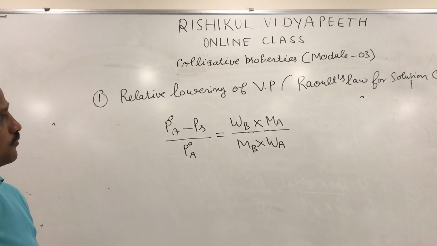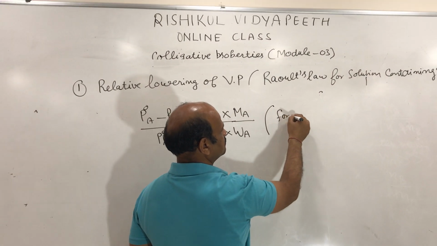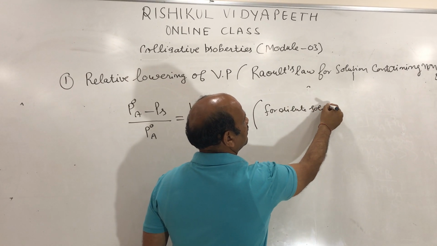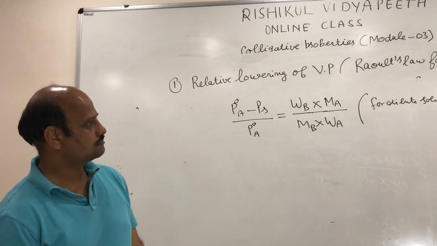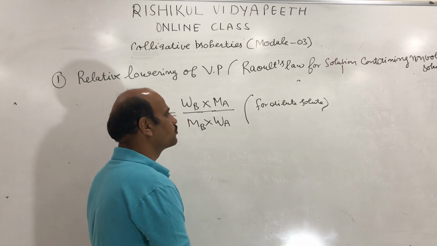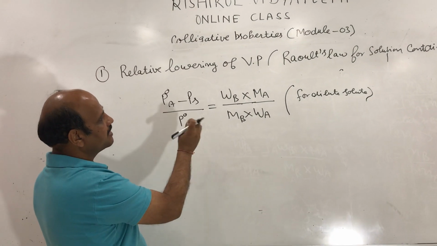This formula is for dilute solution. Generally, in our syllabus, we take dilute solution. But if concentrated solution is given, for competitive exams some questions can be asked. So this formula can be modified.